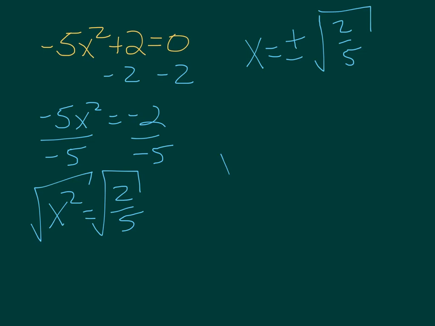So the real answer would end up looking like plus or minus the square root of 10 over 5. And if you plug both of these things into your calculator, you would see that it would estimate to be the same thing: square root of 2/5 and the square root of 10 divided by 5. But again, don't worry about that as of right now. This is a perfectly fine answer to have.